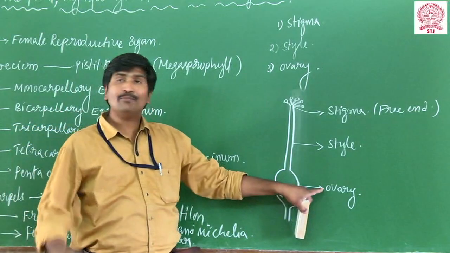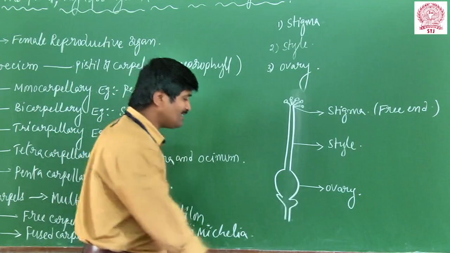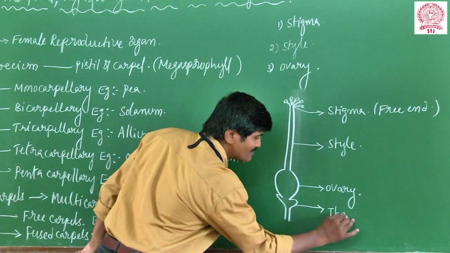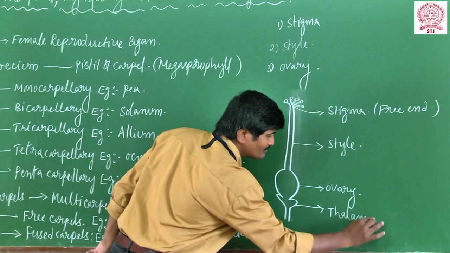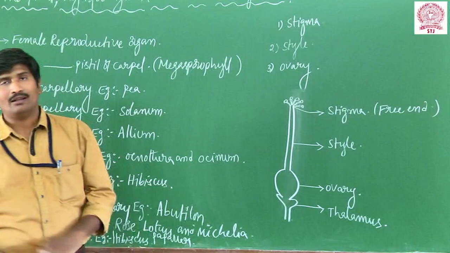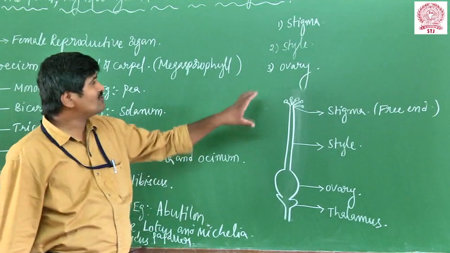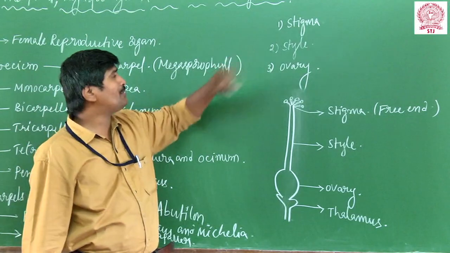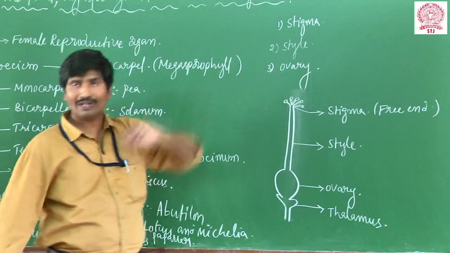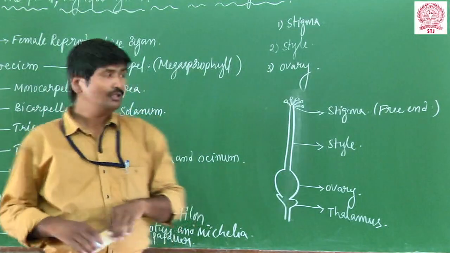The ovary is a bulb-like structure. This ovary is arranged on the thalamus. The structure of the carpel has three main parts: stigma, style, and ovary.